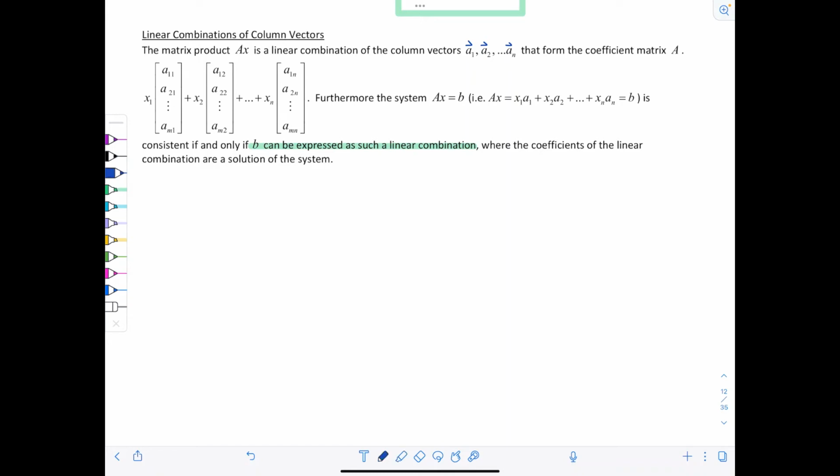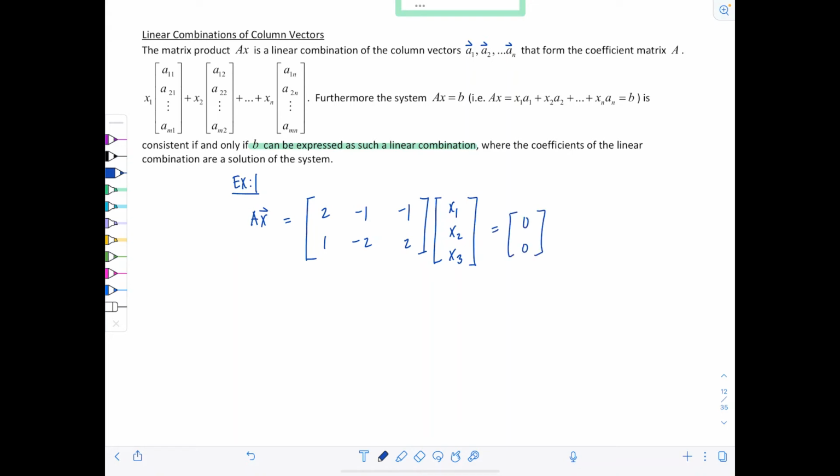So if we just revisit the last example that we worked on, the system of equations AX, matrix A was 2, 1, -1, -2, -1, 2. And then X, that column vector was x1, x2, x3, right? Equals 0, 0.